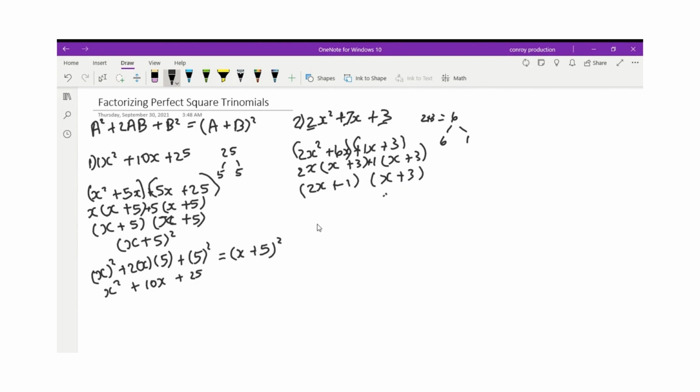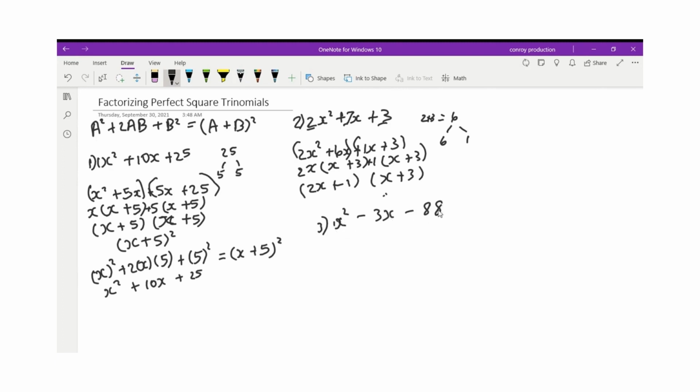We'll do a third example now. This one is x squared minus 3x minus 88, and there's a 1 in front of it.